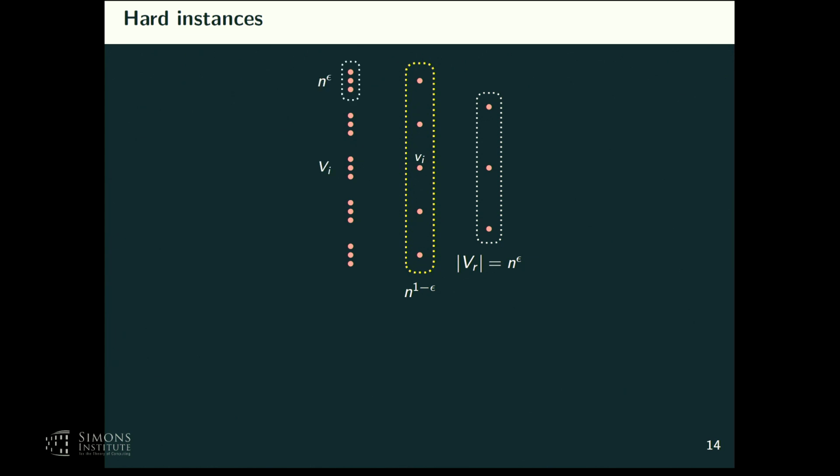The left column will have n vertices, which are divided into blocks of size n to the epsilon, such that each vertex in the middle has a corresponding block on the left. We are going to randomly permute the names of these vertices, such that if you are one of these vertices v_i in the middle, when you see your neighborhood, you don't know which ones are on the left and which ones are on the right.